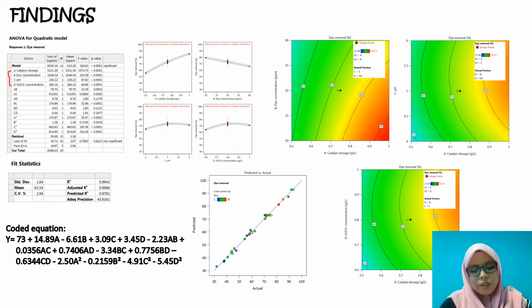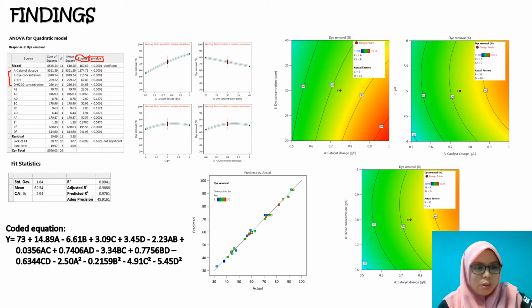The ANOVA for the regression model of AO2 dye removal demonstrated that the model is statistically significant owing to the low probability value, the p-value, as well as the F value, the Fisher variation ratio.